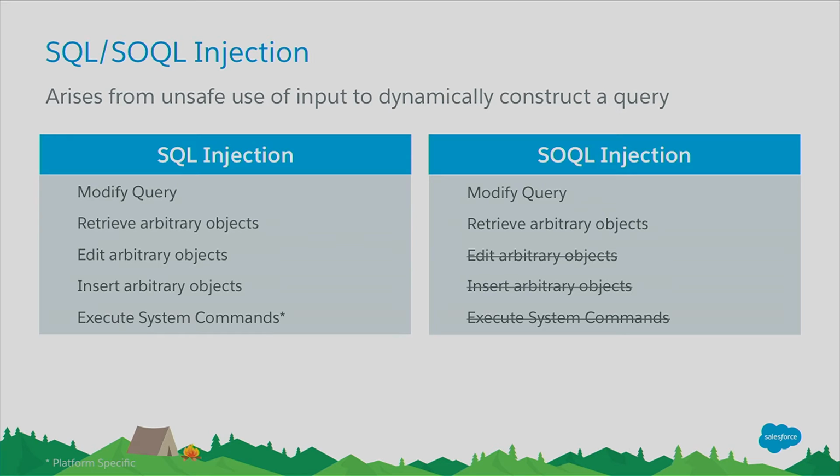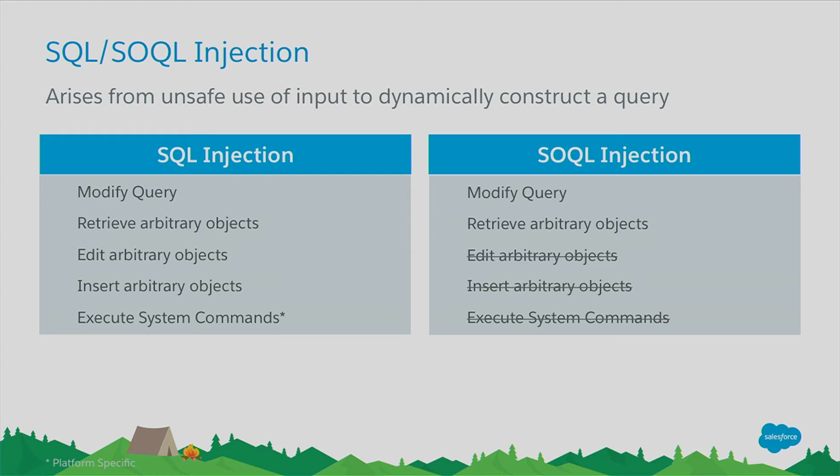As a result of those somewhat more limited features, when we look at the impacts of injection flaws on SQL versus SOQL, the impacts are somewhat less. So in either case, we can modify the query to retrieve arbitrary data by manipulating it. In the case of SQL injection, we can also edit the database, so we can insert records. I might be able to do something like create an admin account for myself.